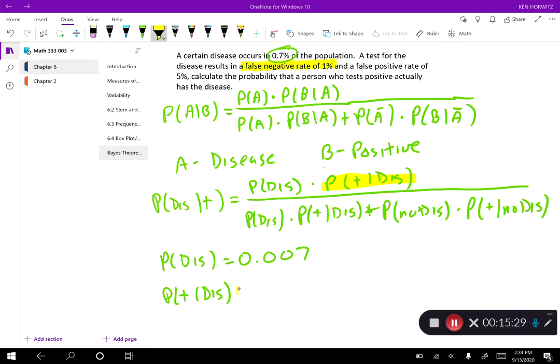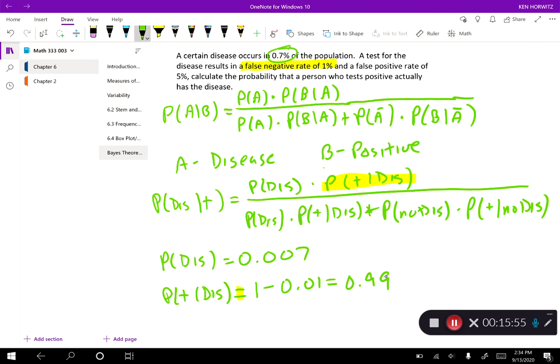So I would say you need 1 minus 0.01 to get the true positive rate. And that would be 0.99, which means that 99% of the people who have the disease will test positive.